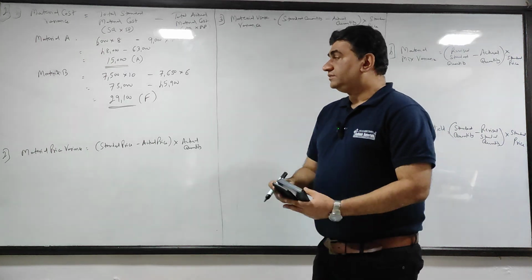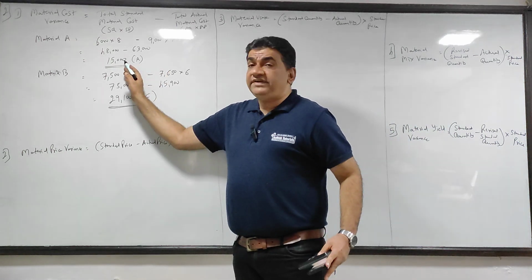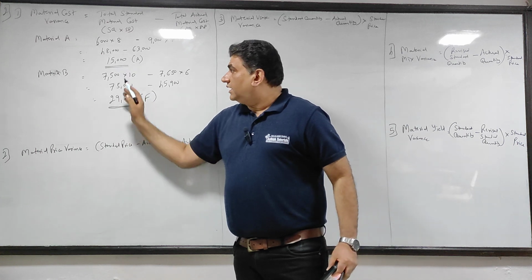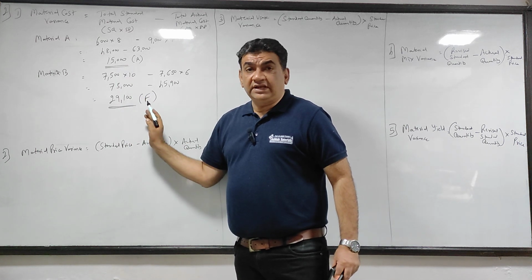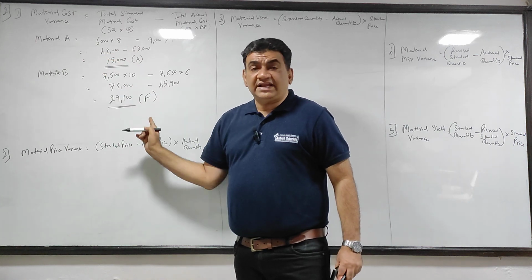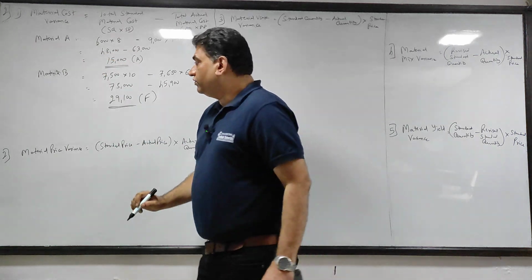Now listen. A is 15,000 adverse, B is 29,100 favorable. So the final answer of variance will be the net of the two.